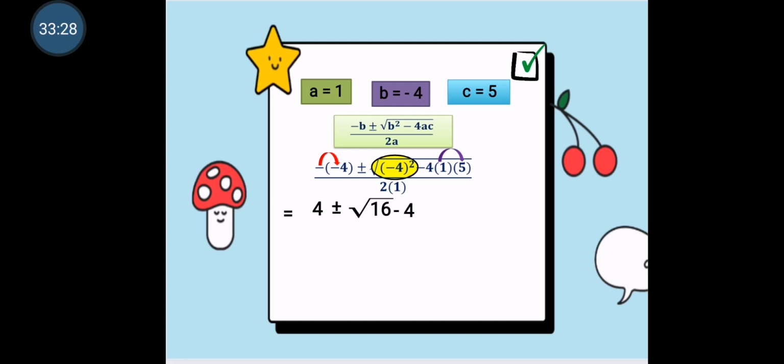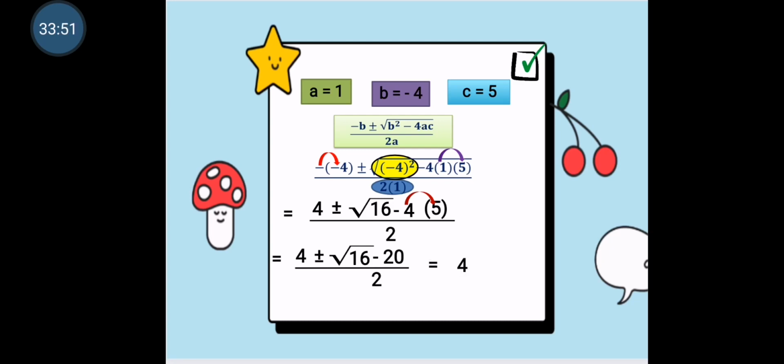So, minus 4, 1 times 5 is 5. Over 2 times 1, which is 2. So, continue. 4 plus minus the square root of 16. Negative 4 times 5 is negative 20 over 2. Next, 4 plus minus the square root of 16 minus 20, which is the square root of negative 4 over 2.